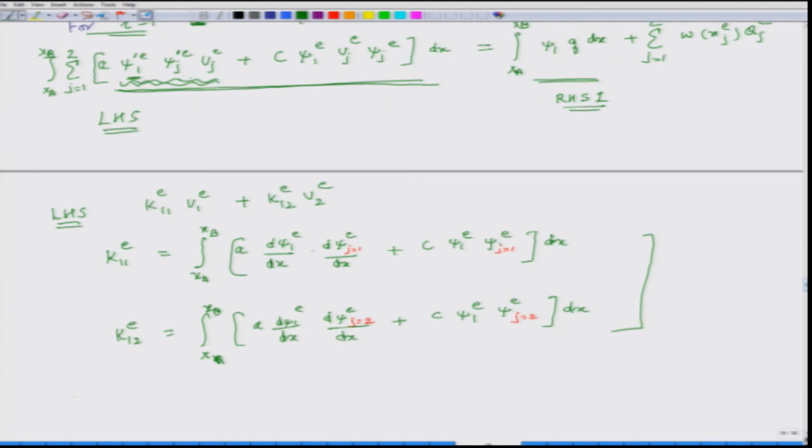So, RHS 1 is the integral from xa to xb of psi 1 q times dx. This I call F1 E. Okay. This is F1 E, and this term is RHS 2.